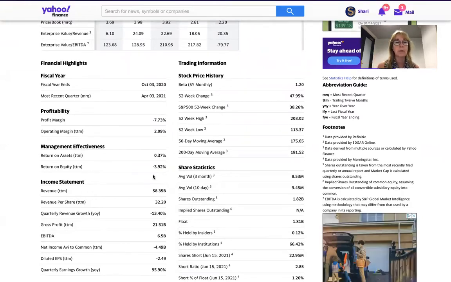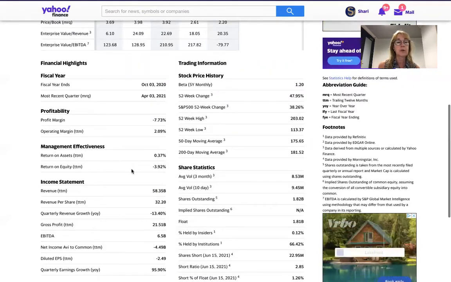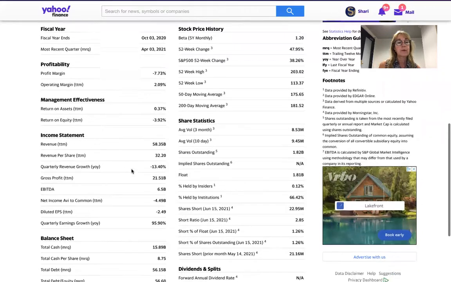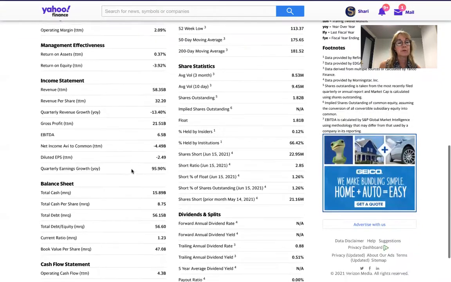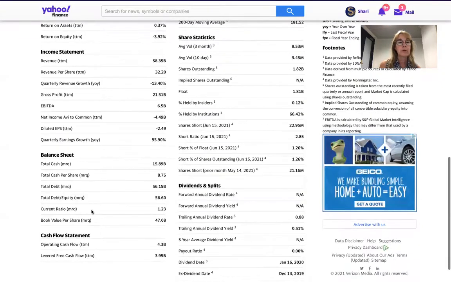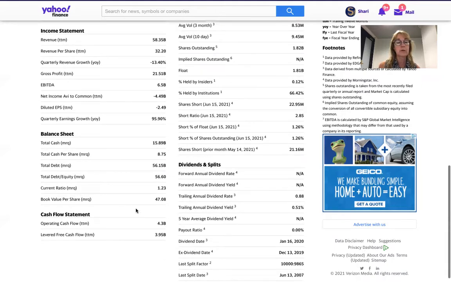So you should talk about the PE ratio, the return on assets, the return on equity, the net profit margin. You can look at the current ratio. Here's the debt to equity ratio. So they have pretty low debt because the debt to equity is only 56.